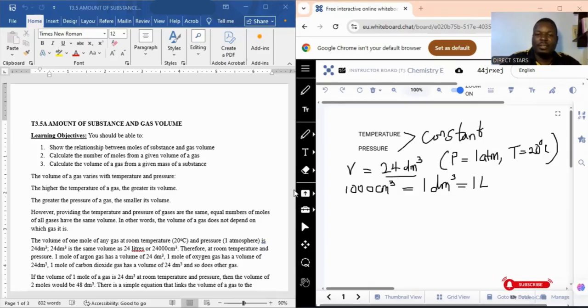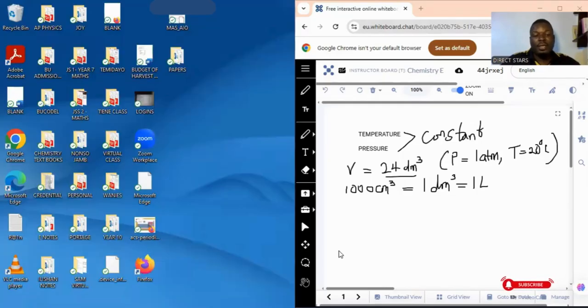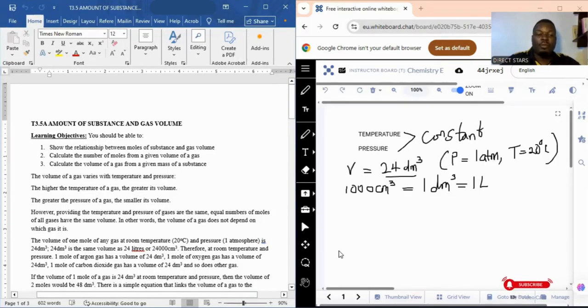Let's take note of that. Which means if you have 2 moles of a given gas, you should have 48 dm³.